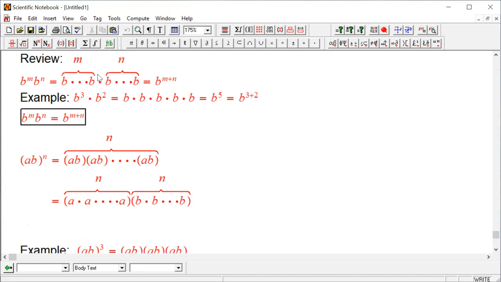So in the end, what do we get? We get A to the power of n multiplied by B raised to the power of n.